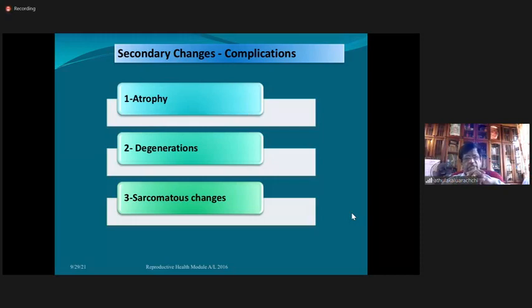The best example is during pregnancy, where we call it red degeneration, and rarely it can undergo malignancy. But the risk of malignancy in cases of fibroids is less than 0.5%. Okay, so just because you have a fibroid, you are not going to get a malignant change. The risk of these changes is extremely rare.